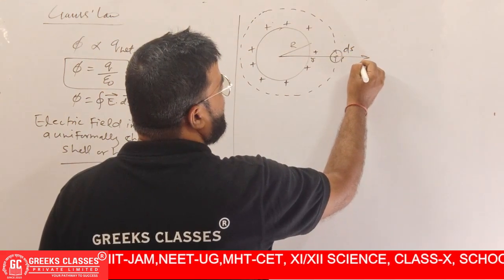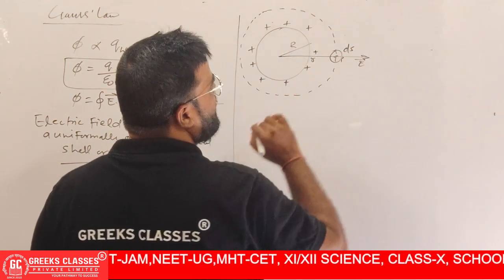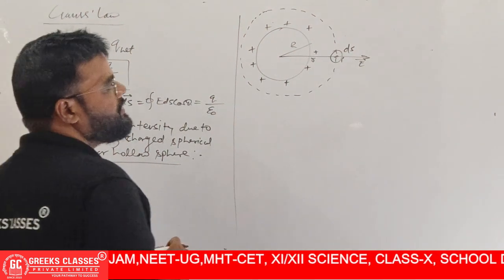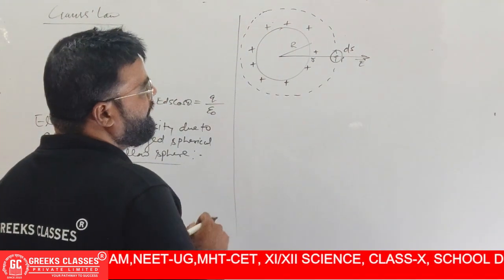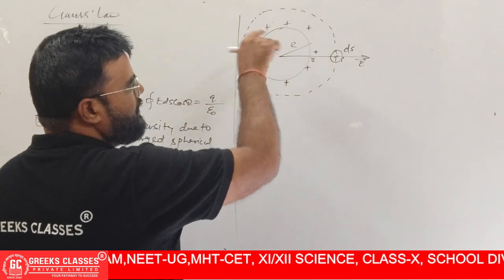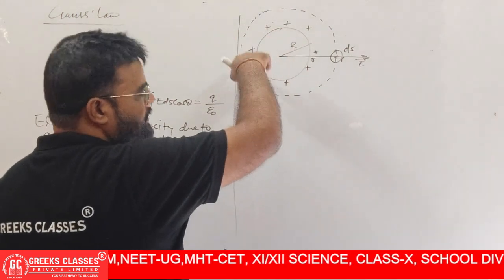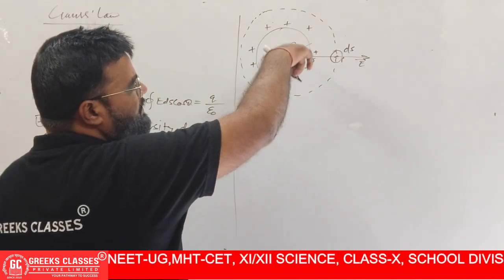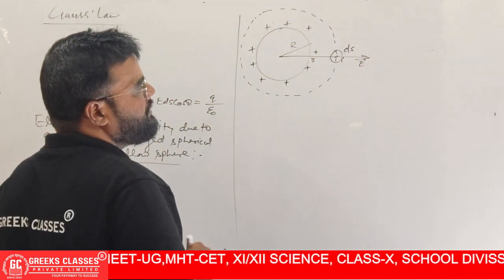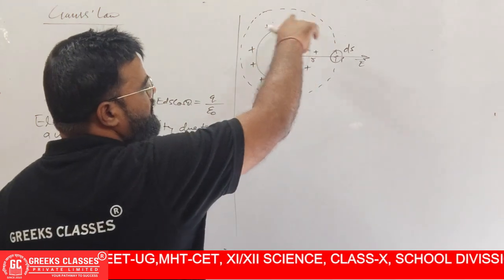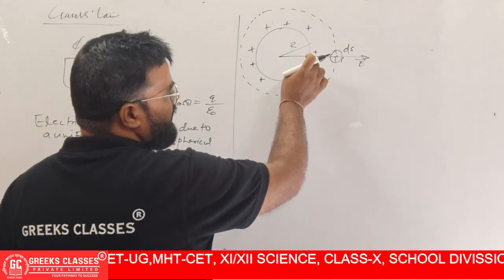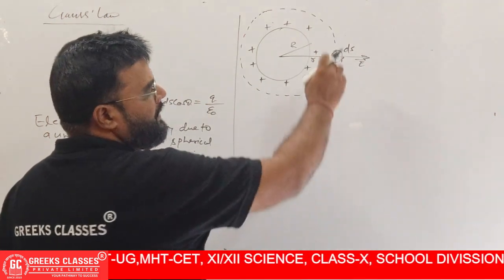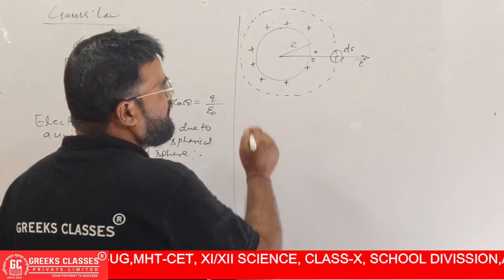Now we will show the direction of electric field E. The direction of electric field E and ds will be the same here. Now consider a spherical shell or hollow sphere of radius R. A uniform charge plus q is distributed on the surface of it. Now consider a Gaussian surface which is a sphere of radius small r. Take a point P on it and select a small area ds.